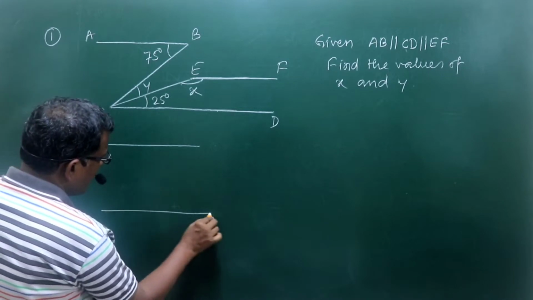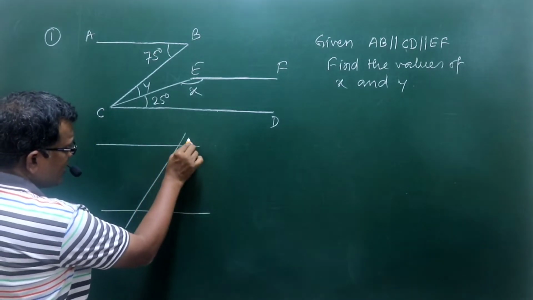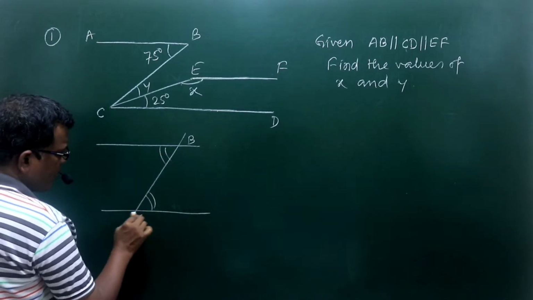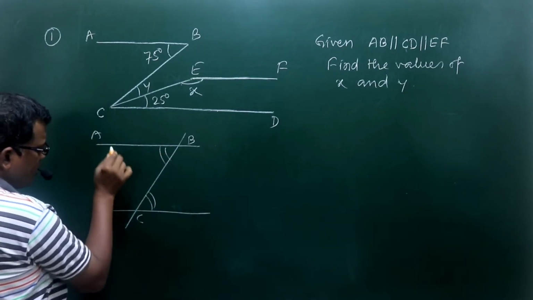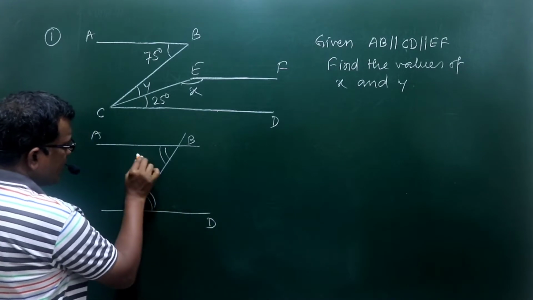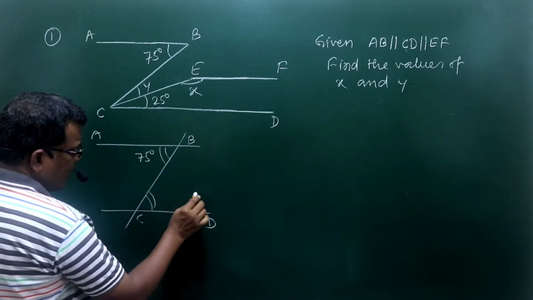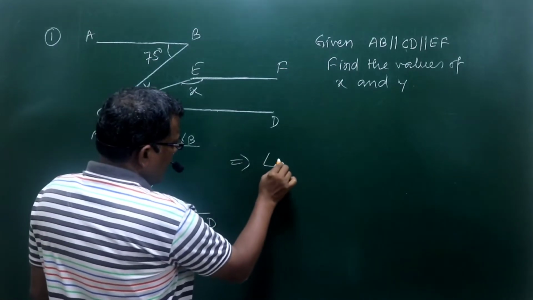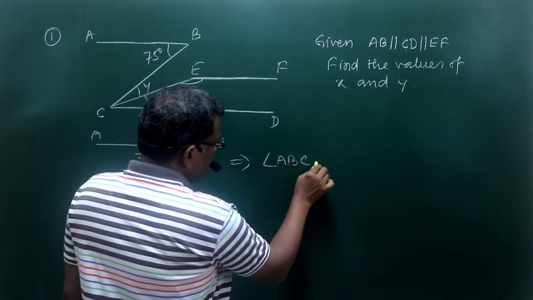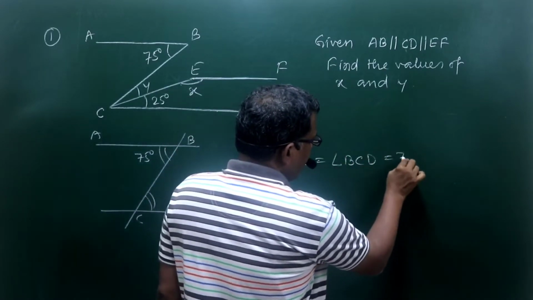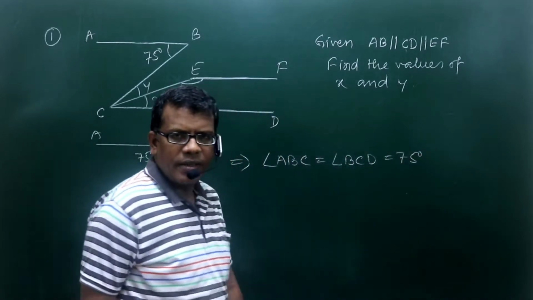Taking AB and CD, if this is B and C, obviously these two angles must be the same. As this angle is given to be 75 degrees, angle ABC should be equal to angle BCD, both equal to 75 degrees each, right?